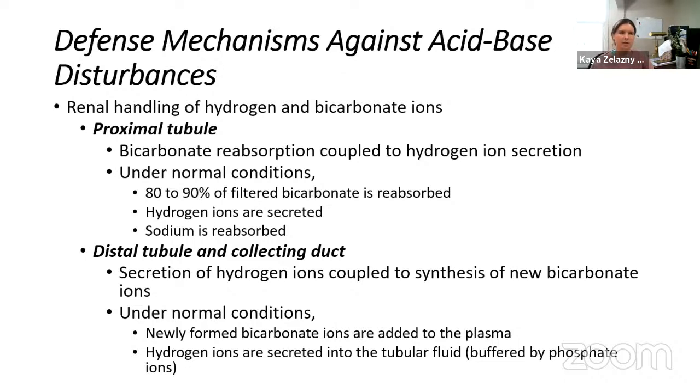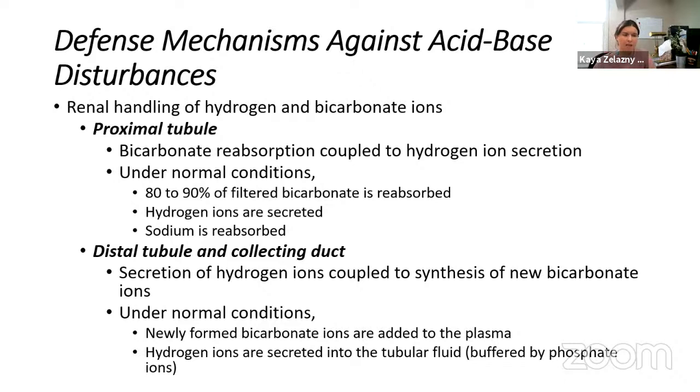So one of the ways that we're going to be able to do renal compensation is basically to upregulate or downregulate, right? To increase or decrease that mechanism. So to increase or decrease how much bicarbonate we're reabsorbing, how many hydrogen ions we're secreting.